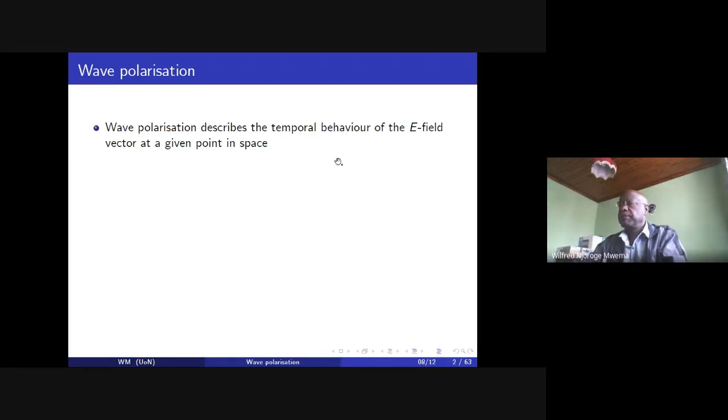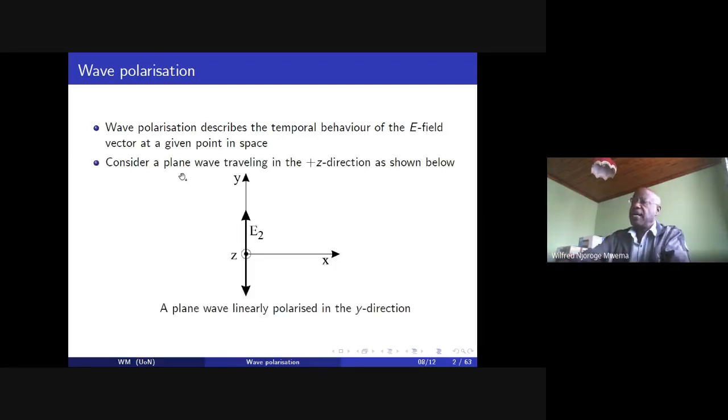So we consider a plane wave that is traveling in the positive z direction as shown in this figure here. The wave is coming directly at us, and therefore we are just seeing the point or the tip of the arrowhead that shows the direction of propagation.